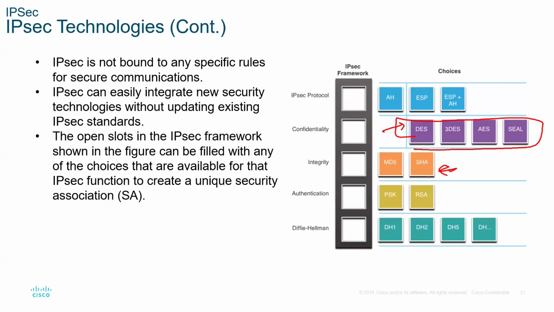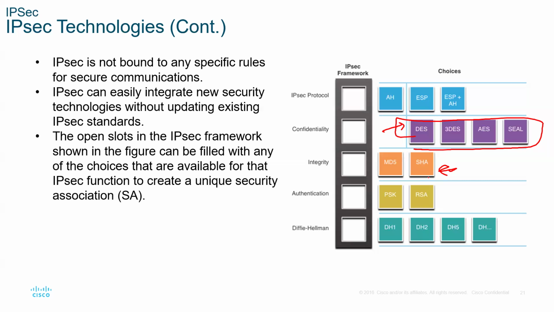Authentication: PSK, RSA, pre-shared key. We have RSA as well. Then DH 1, 2, 3, 4, etc. So on this one, it's just a general view of the type of algorithms for the fundamentals of IPsec services.